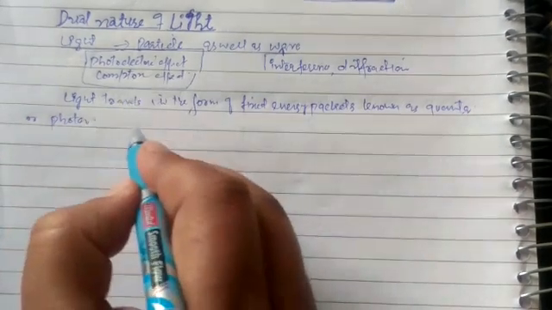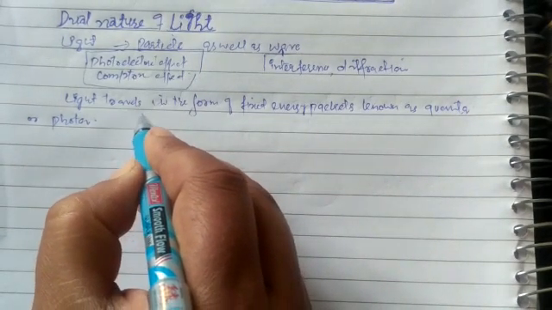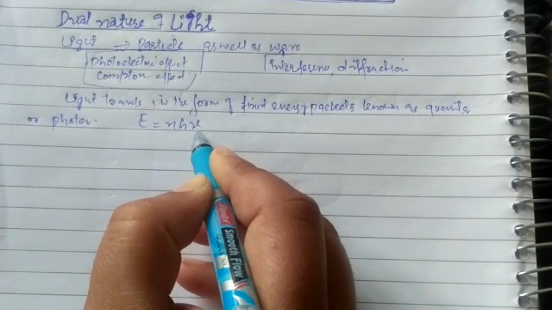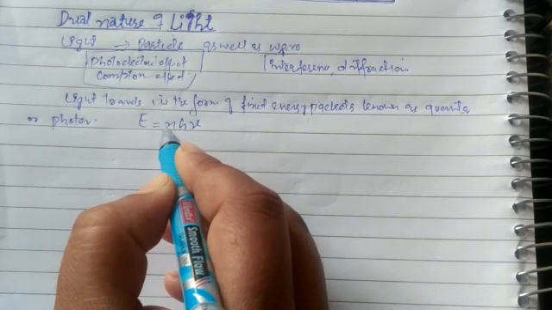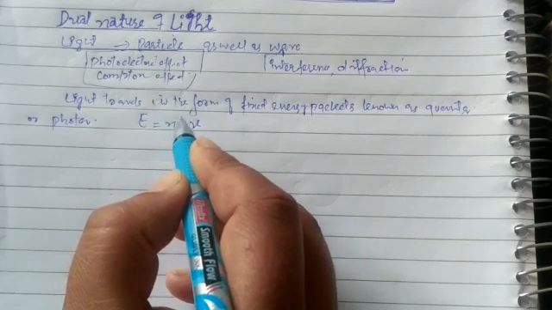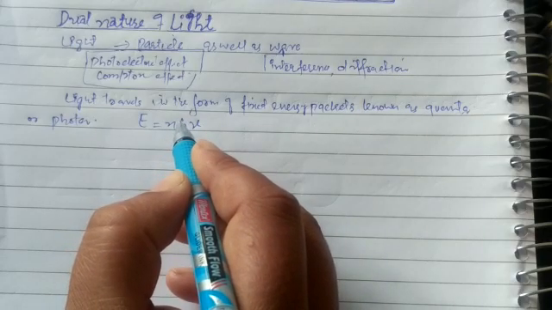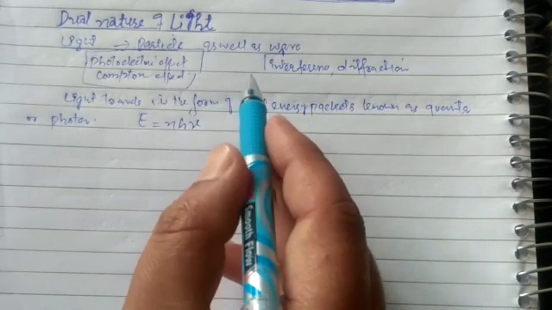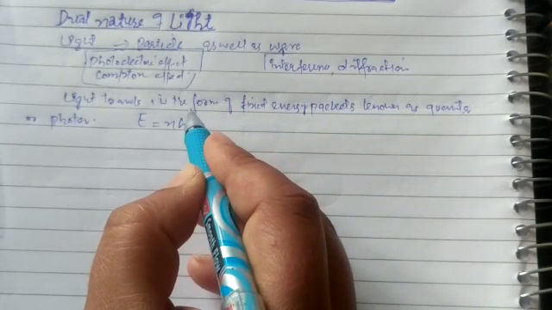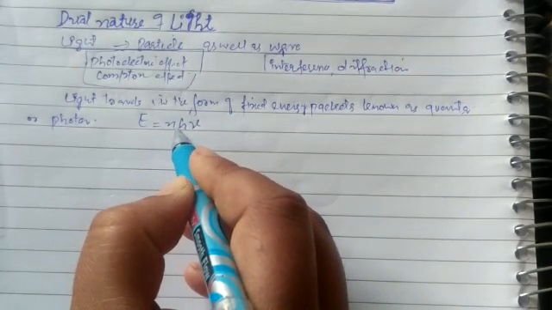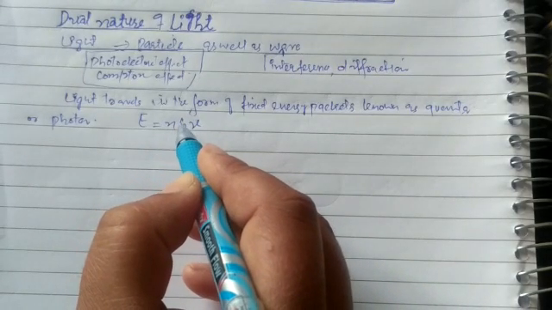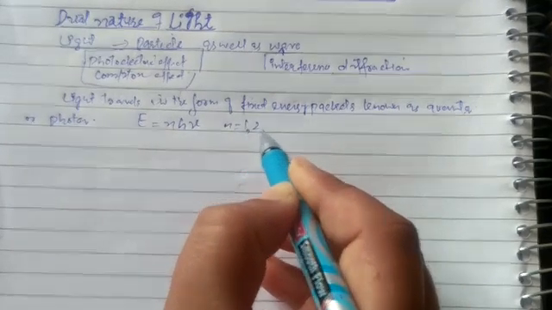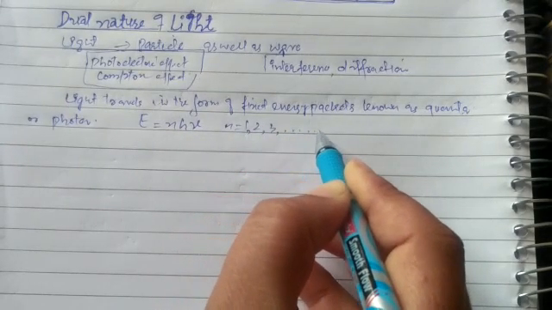And each photon has an energy E equals n h nu, where nu is the frequency, h is Planck's constant, and n is simply the number 1, 2, 3, 4, and so on. That light travels in the form of photons, and the energy of each photon is E equals n h nu.